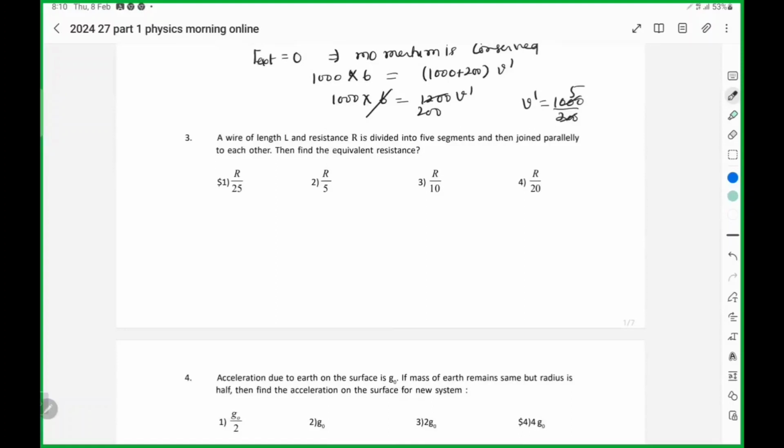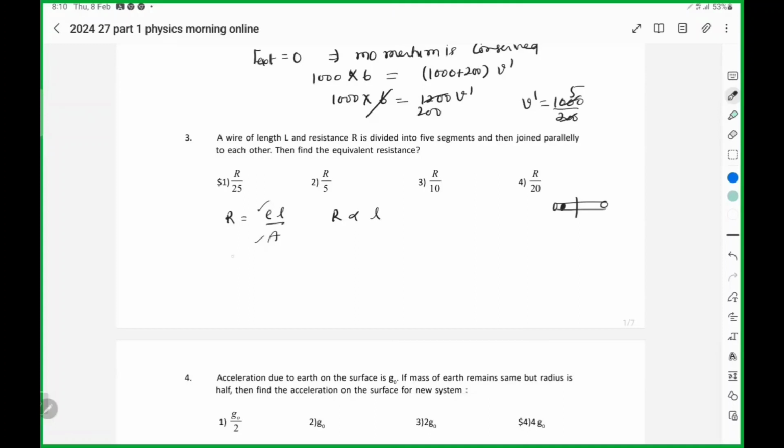Here a wire of length L and resistance R is divided into 5 segments. The wire is broken into 5 parts. How does resistance change? Once you take a wire and cut it like this, there is no change in cross-sectional area. Since the same wire is used, resistivity and cross-section will be the same. So resistance is proportional to length.